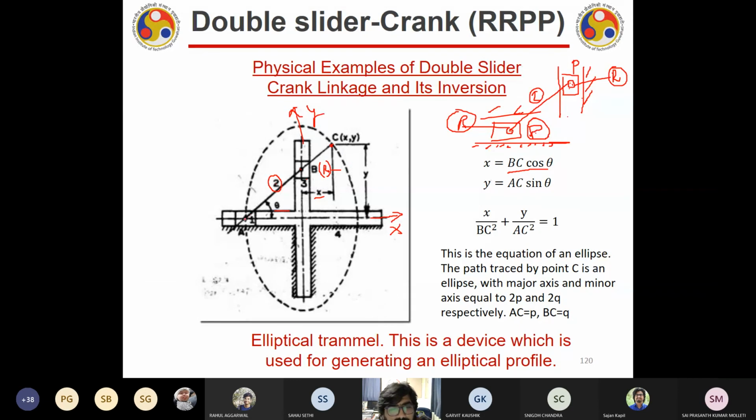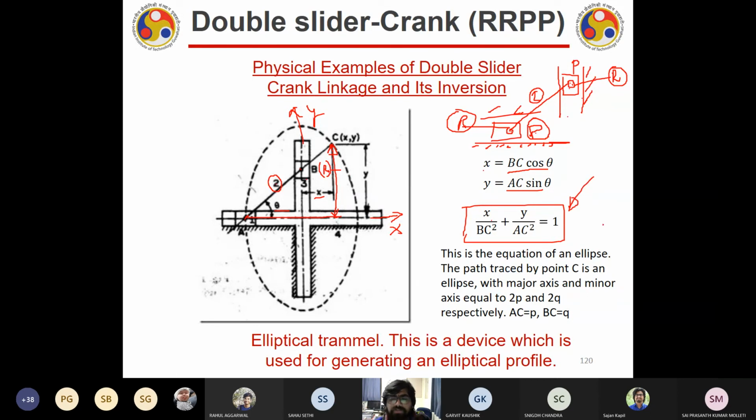Oh, sorry, from here itself. So from AC, this much will be the y component, and it will be nothing but the entire length AC sin theta. Correct? So what can I do? I can square and add these two, and finally I'll get this equation. This is showing the locus of this point. So what is this equation?